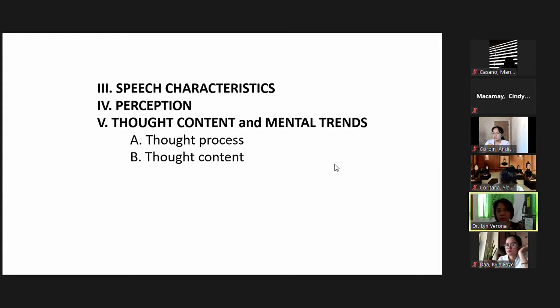Then you have auditory hallucination. He can hear something, no? Visual hallucination, no? Tactile hallucinations. So when you say perception, you use the five senses usually that you have, no? That is hallucinations. What else?